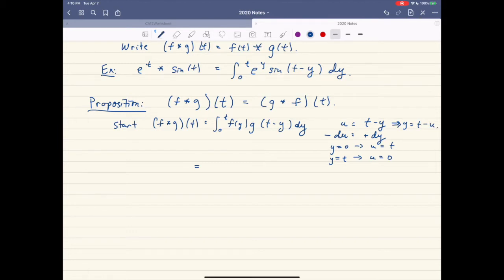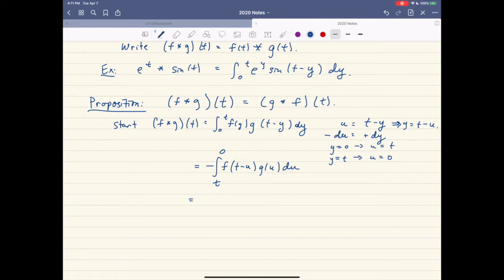We're going to have f of y, so it's f of t minus u, g of t minus y, so that's g of u, dy is minus du, and our bounds flip just based on the substitution that we made. So when y is 0, u is t, and when y is t, u is 0.